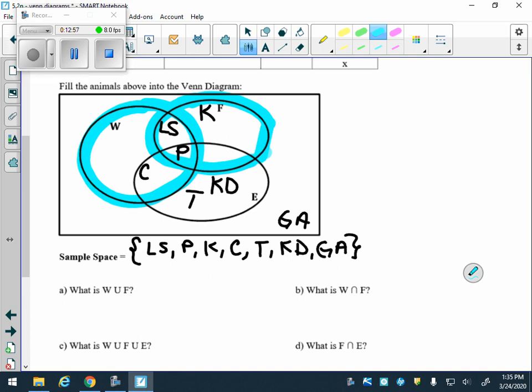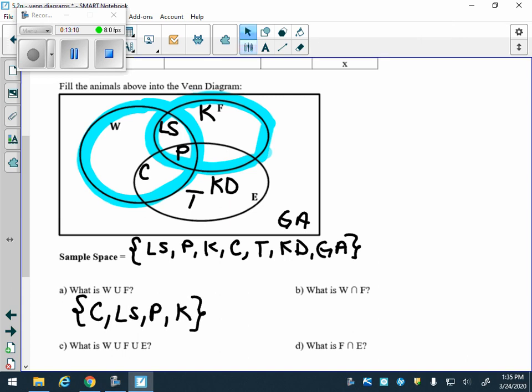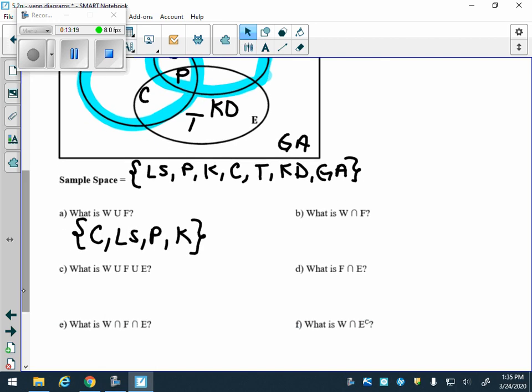So that means what makes up webbed feet or fur or both would be crocodile, leopard seal, platypus, and kangaroo. Okay, so when it's or, it's W or F or both. So I want you to try the rest of these on your own, okay? And I will give you the answers shortly. So we're going to pause the video, and you guys are going to try these questions.